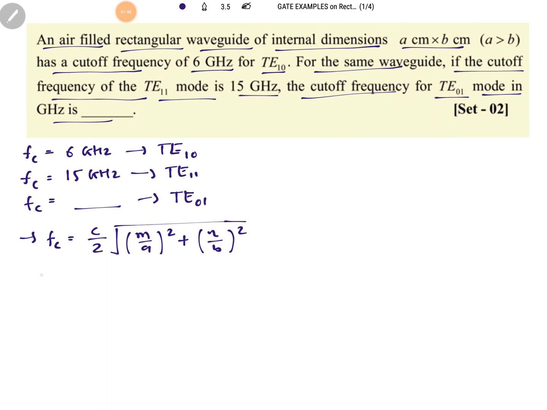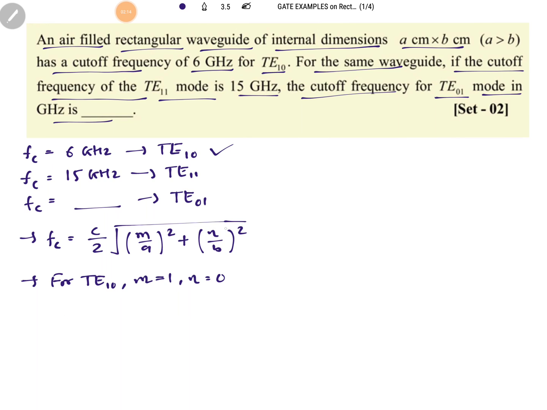Now first we will consider the case of TE10 mode. For TE10 mode, we can say m is equal to 1 and n is equal to 0, since we write the mode as TEmn.